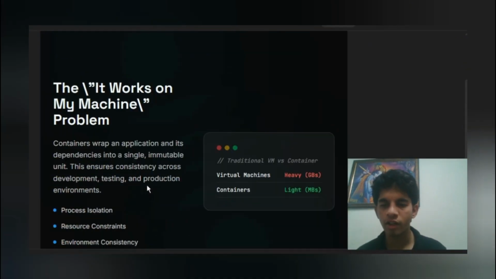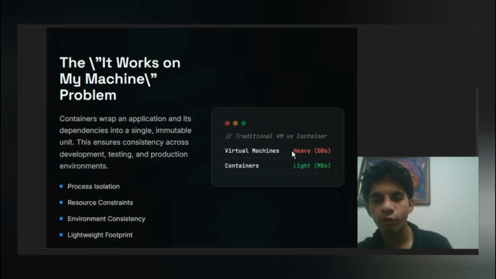A container basically wraps your application and absolutely everything in it, like the code, the runtime, the libraries and the settings, into one single file, like a secure box. If you look at this comparison on the screen, you can clearly see that the industry relied heavily on virtual machines, but VMs are incredibly heavy because they require a complete separate guest operating system to run on, which eats a lot of RAM.